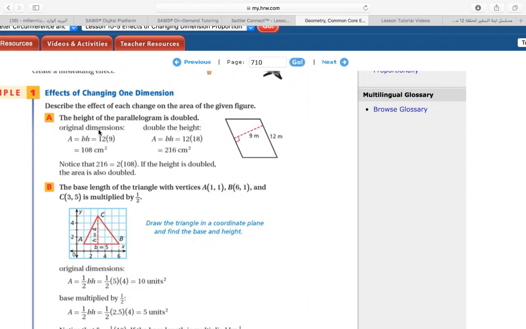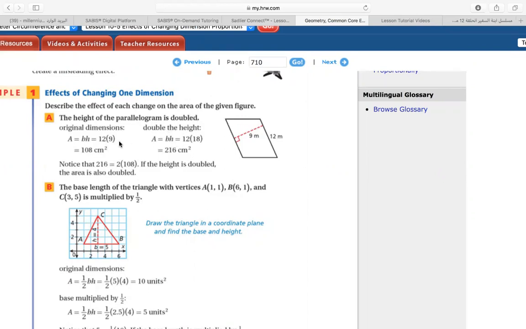So the original area is base multiplied by height. 12 multiplied by 9 is 108. And don't forget to square your units. Why? Because I am calculating my area. The height of the parallelogram is doubled, and doubled means it is multiplied by 2.